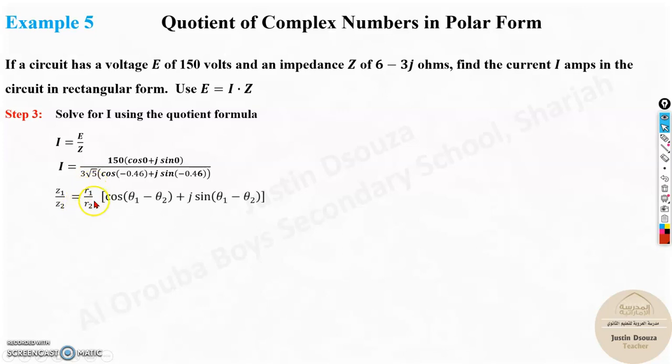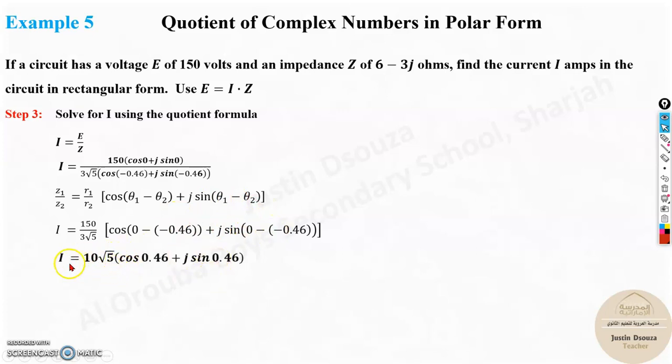Use the formula and divide it. So all you need to do is 150 by 3 root 5. And over here the angles are subtracted. Theta 1 is 0 degrees minus negative 0.46. The answer over here, I, is so much.